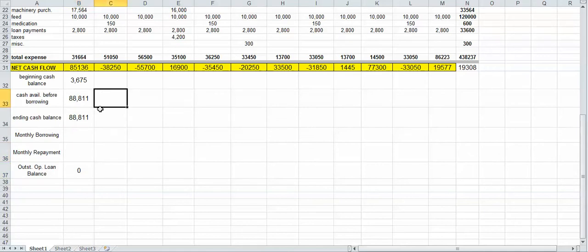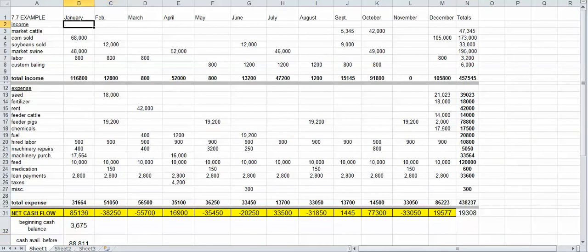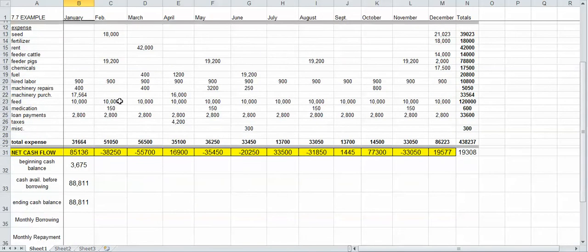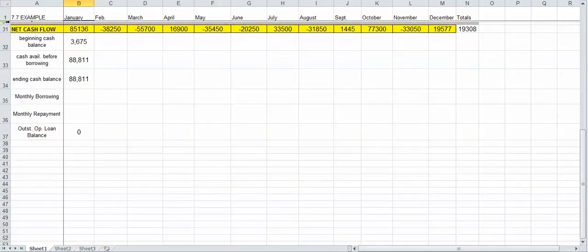Let's go on to February now. I'm going to freeze these panes so that we can scroll down here and still have our headings. Okay, so we ended January with $88,811.